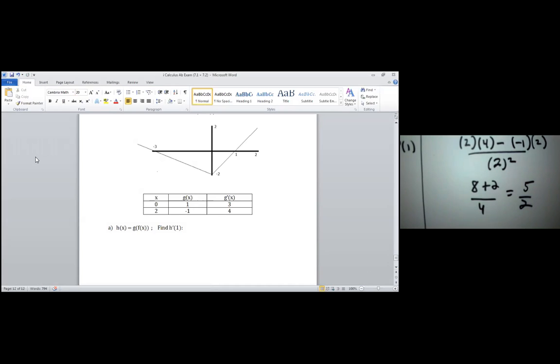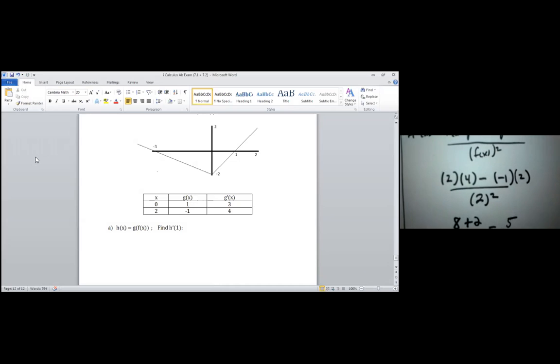Mr. Baker, so leaving it just like that will work on the AP exam? If it's free response, yes. If it's one of the 6 free response questions, you'll get credit for that. You just can't leave any variables in there. But as long as you've plugged in for everything and the only thing left to do is hammer out some arithmetic, yes, they would give you credit.